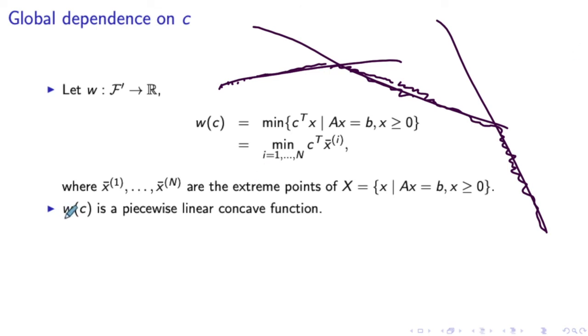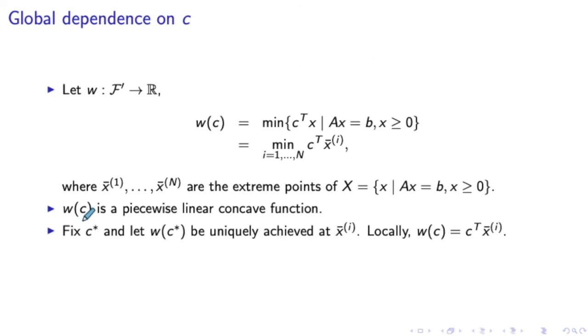So w of c, the function that represents the value of the objective as a function of the parameter c, is a piecewise linear concave function. So now if we fix c star, the objective function coefficients, so that the optimum is unique and is achieved at some extreme point x bar i, then locally we will have the linear dependence again.